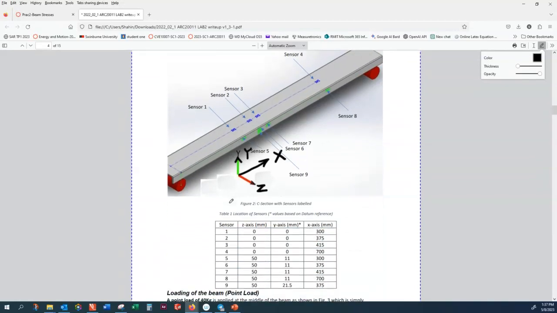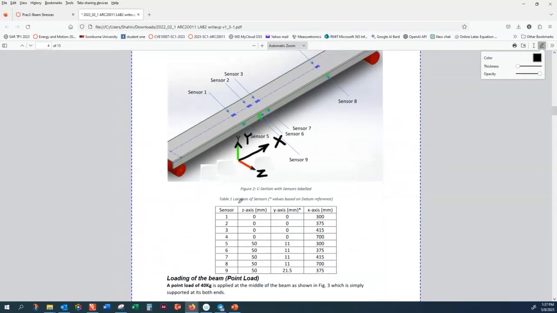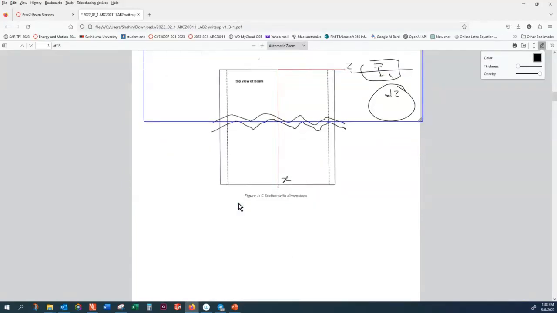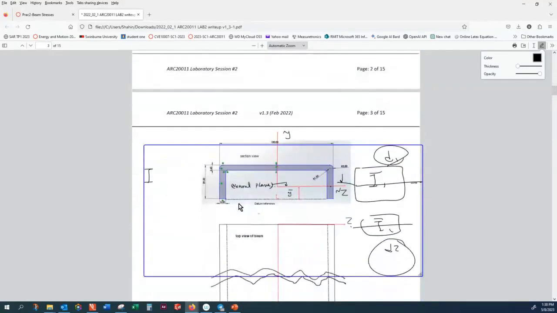Here, all Y measurements are given with respect to the datum reference, which is at the bottom. So these values, you have to subtract from Y bar, which you calculate in the first part.